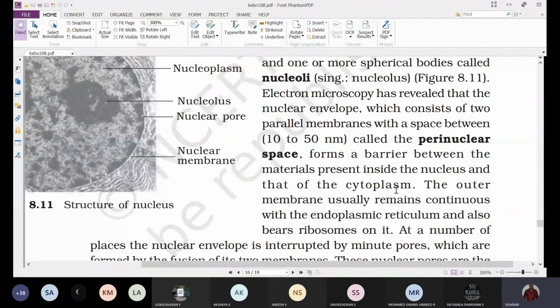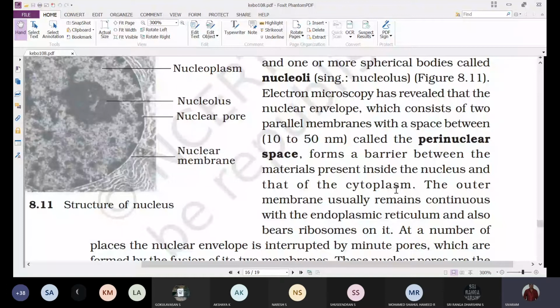And this space we are calling a perinuclear space. The two nuclear membranes and the perinuclear space will form the barrier between the nucleus and the cytoplasm of the cell.